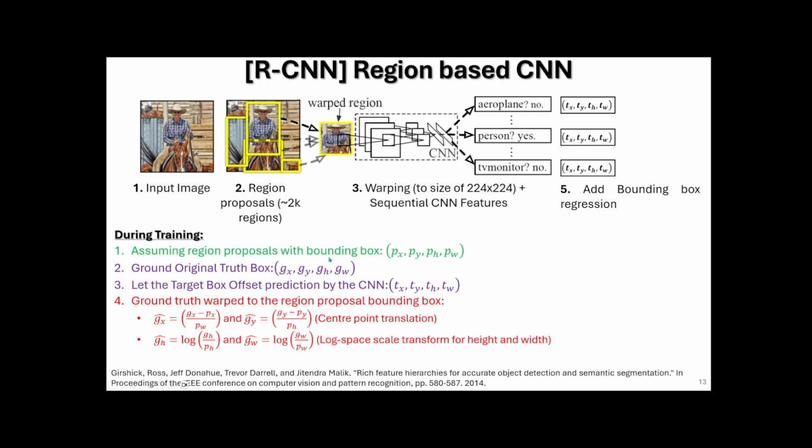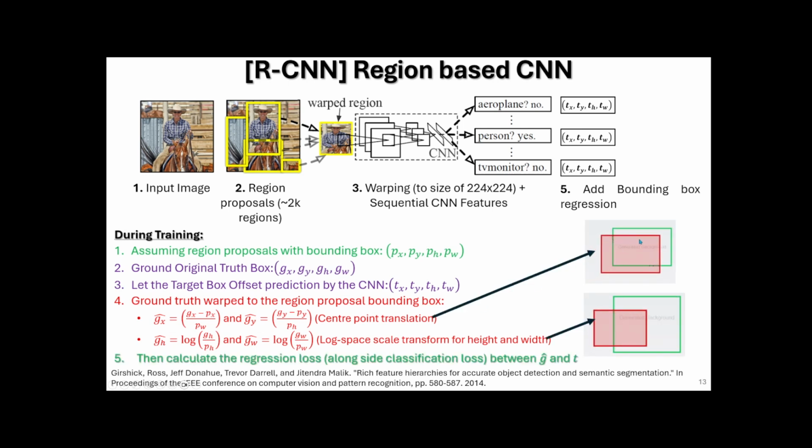Your ground truth annotation, which was on the original image, you warp it to the bounding box through these two operations. Your center points are translated, so you basically map it to your bounding box of interest, and with the log scale, you basically scale up or down your original ground truth bounding box to your region of interest. So that's the idea.